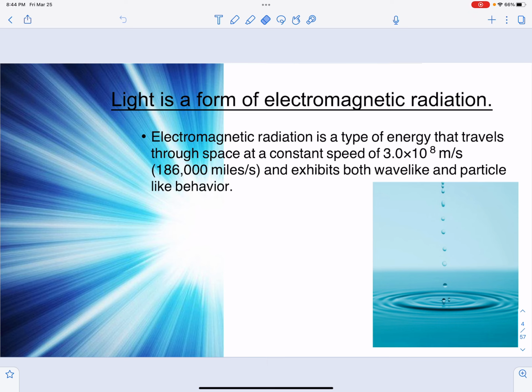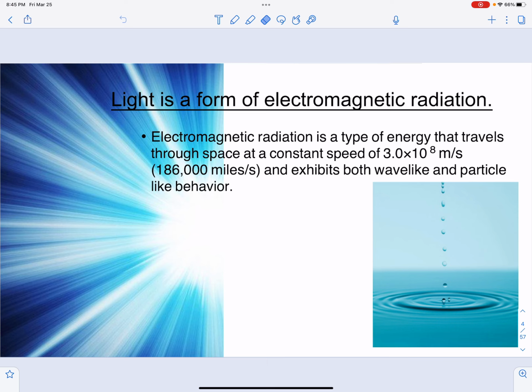And this is just a big bright spot there throwing a lot of light. So the first thing I want you to learn is that light is a form of electromagnetic radiation. Light has a component of electricity and a component of magnetism. But that's something we're not going to cover in this class. That's just the language we use. Electromagnetic radiation is a type of energy.